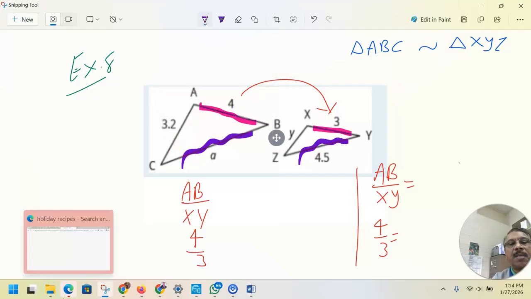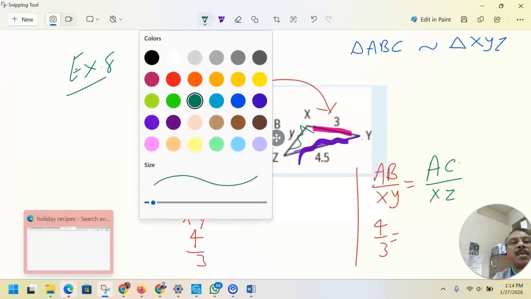So we can say this equals BC over YZ. And the other one, you can take a green color to show this one and this one. It means AC divided by XZ. I'm putting these colors to make sense. Now we'll write whatever they gave us.